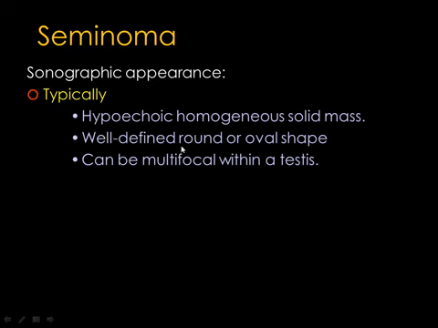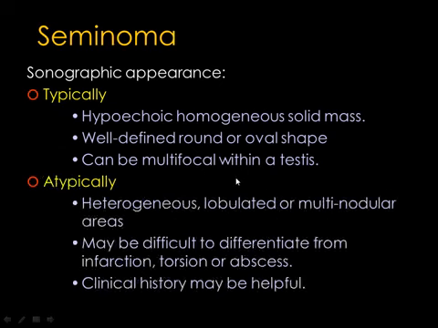It has a well-defined round or oval shape and can be multifocal within a testis. Also, it may present in atypical appearance as heterogeneous, lobulated or multinodular areas and may be difficult to differentiate from testicular infarction, torsion or abscess. In these cases, clinical history may be helpful.